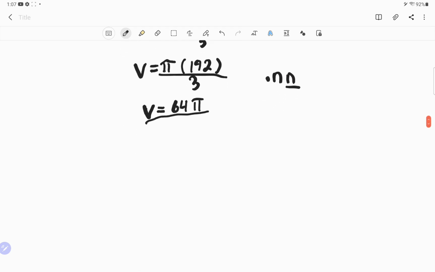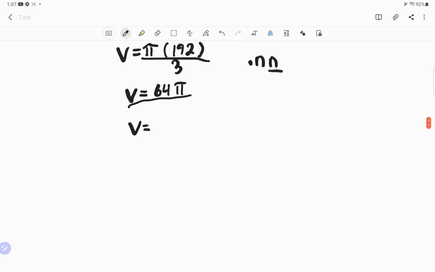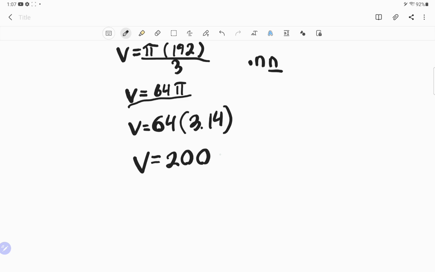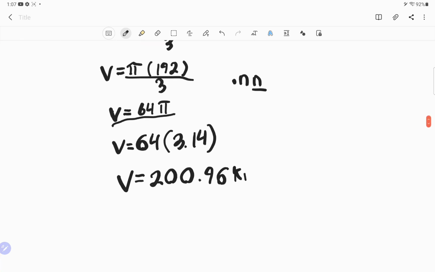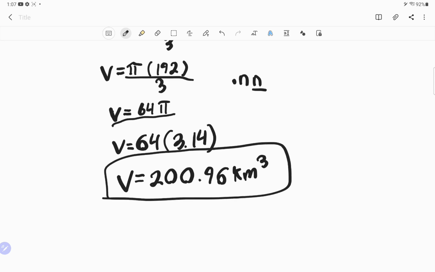I'm going to multiply 64 by 3.14. And I should get, it's a big number, 200.96, and I believe the units were cubed, because we're dealing with volume today, we're actually going to have to cube it.